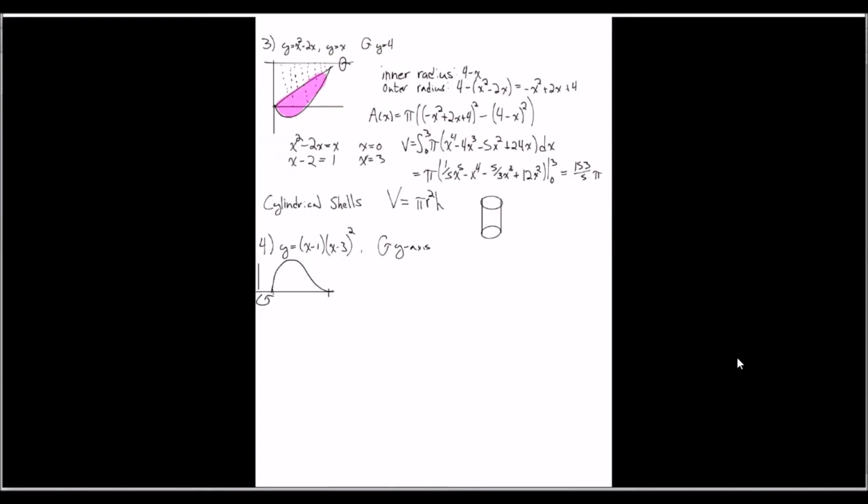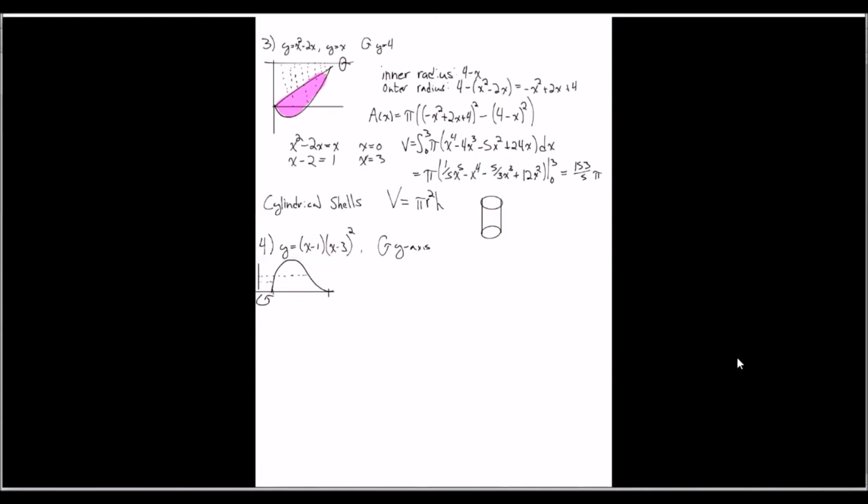You could use circles with this. It's a little bit harder because this one function defines both of your radii, right? Because if you're going to use a circle, you're going to have to take the radius of that and then take the radius of that.